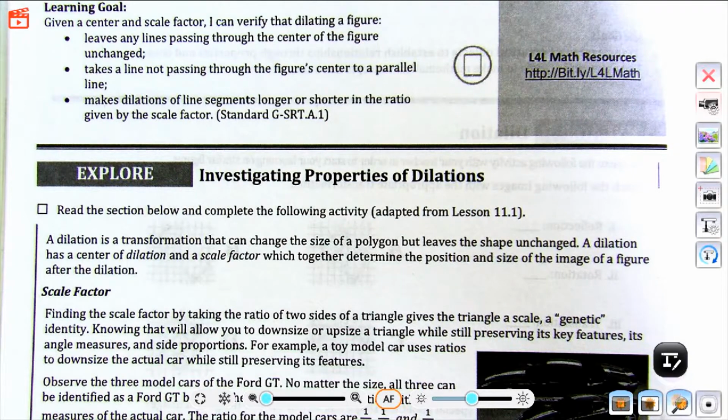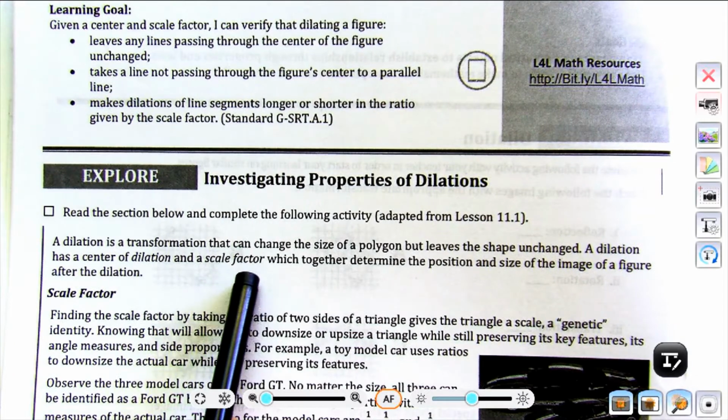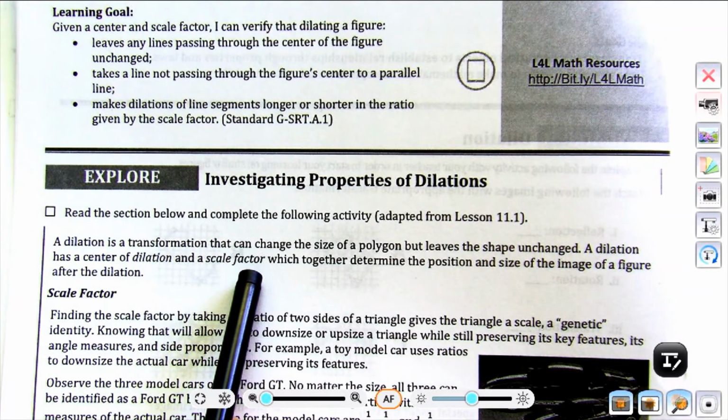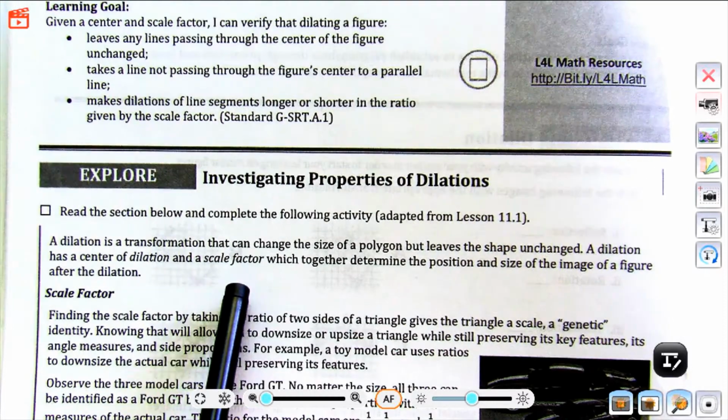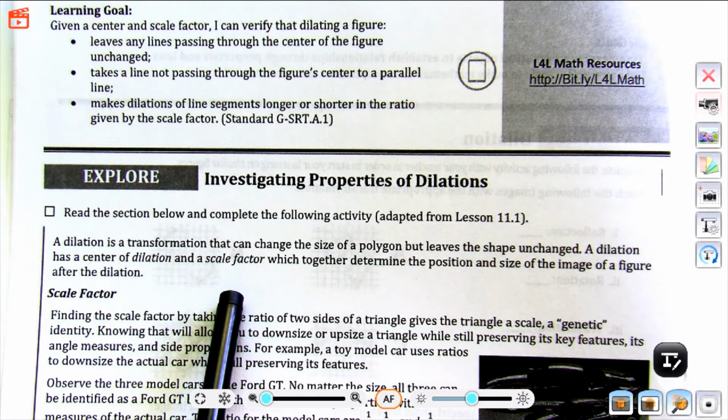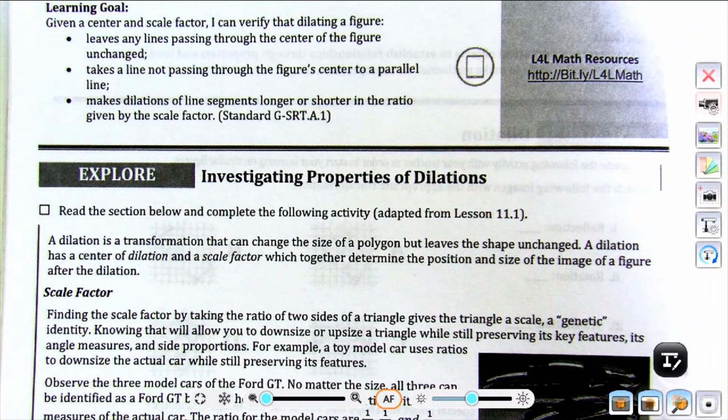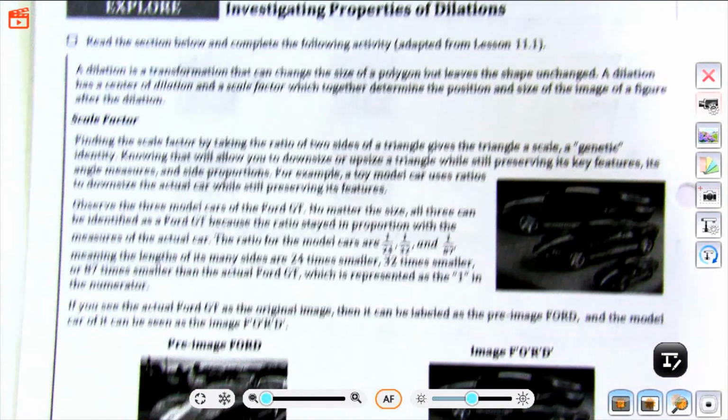And the thing that makes that object bigger or smaller is something called the scale factor. A scale factor is a multiplier that could either increase or decrease the size of the image.